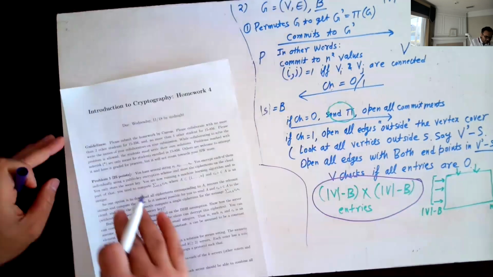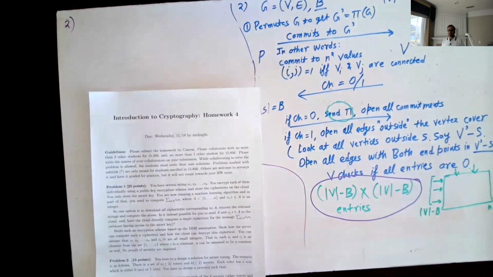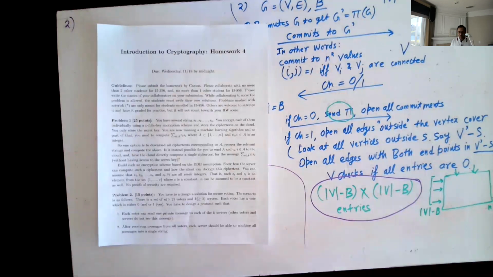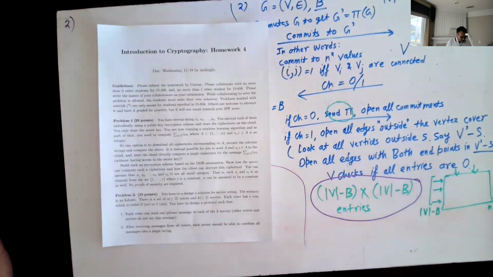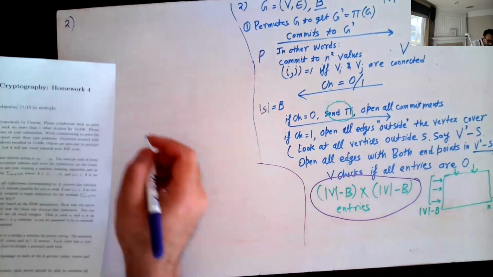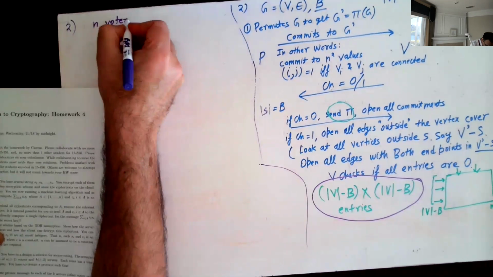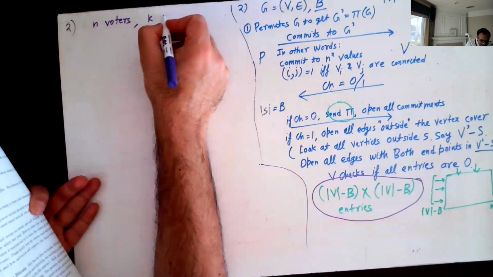Now let's look at problem 2. Problem 2 and problem 3 in this homework are very similar. In problem 2, you have to design a solution for secure voting schemes. So you have n voters and you have k servers.